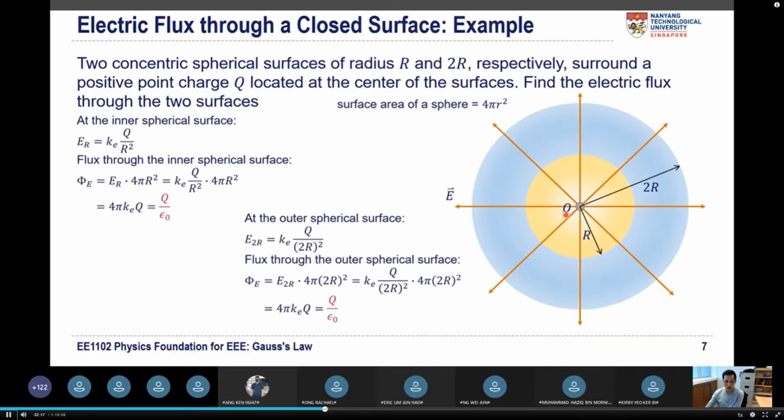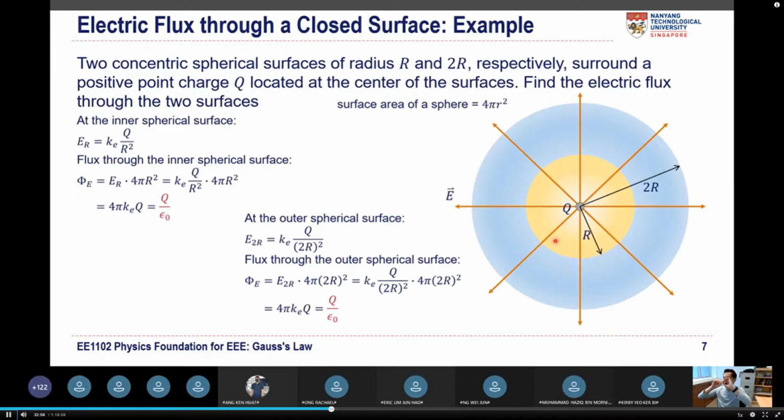And that is going to be given by what? The electric field at distance r from the center, where distance r is the surface of that sphere, is given by Coulomb's constant times the charge in the middle, divided by the radius squared of that inner sphere.